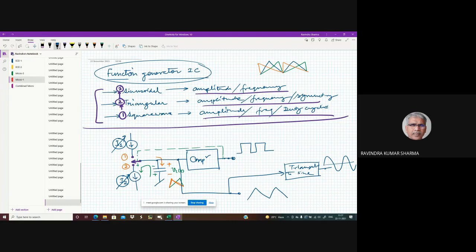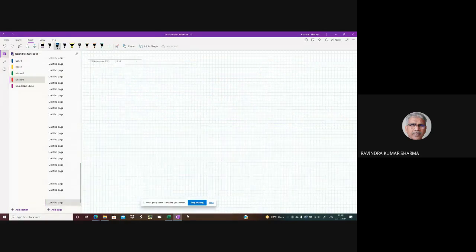Then these three waveforms can then be, so you have the three waveforms, triangular, square, and the sine wave.